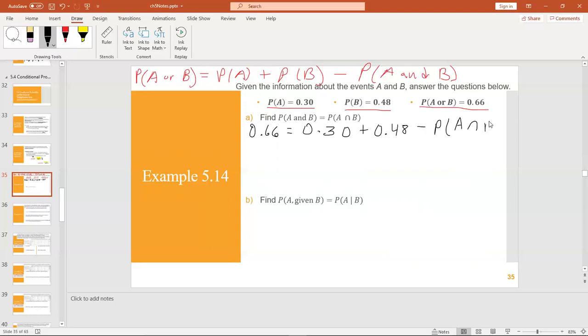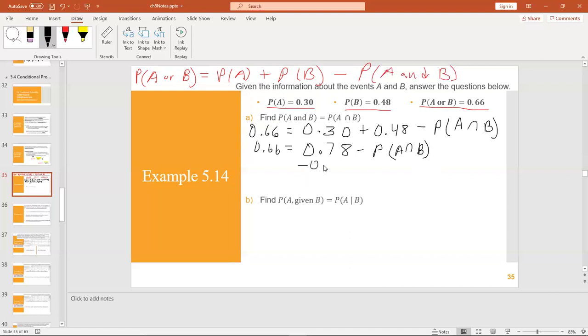We'll write it with this symbol just because it's faster. We'll do a little bit of algebra here. So 0.3 plus 0.48 is 0.78. So 0.66 equals 0.78 minus the probability of A intersect B.